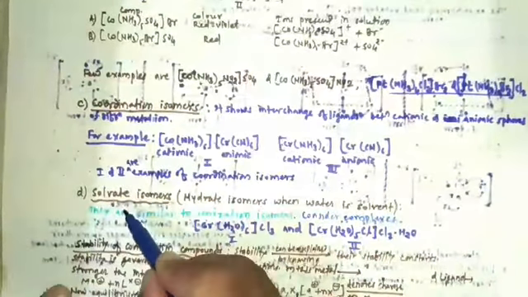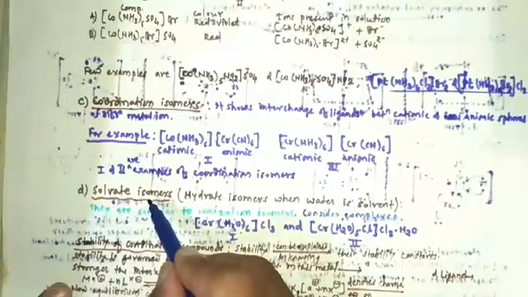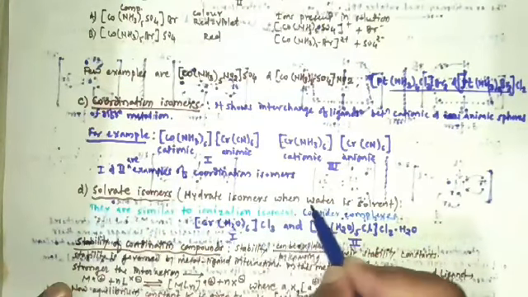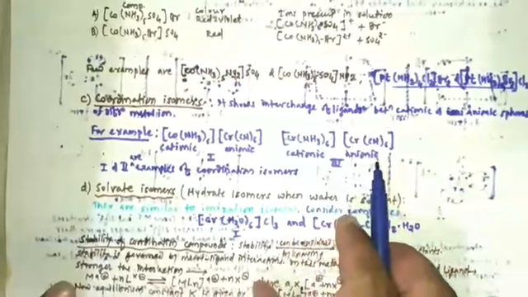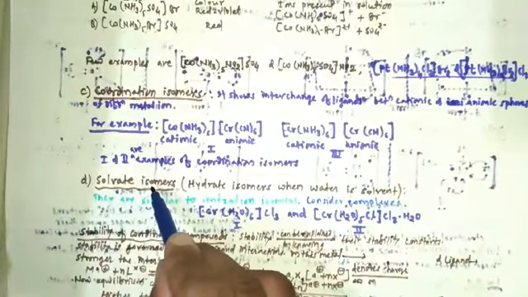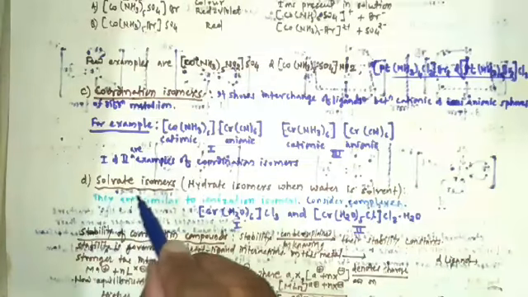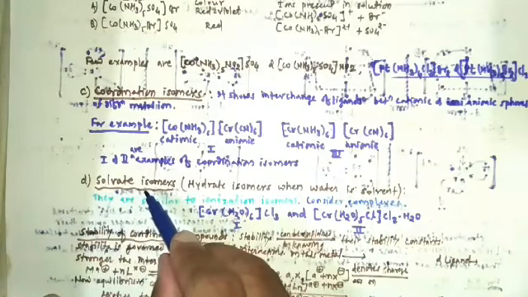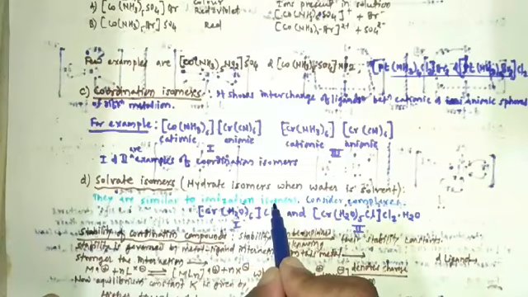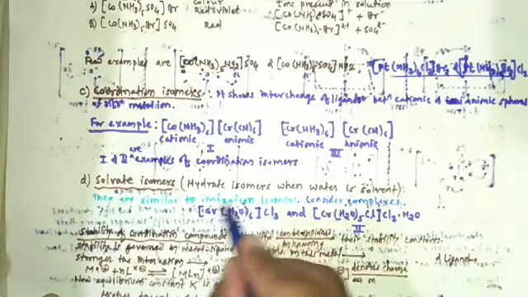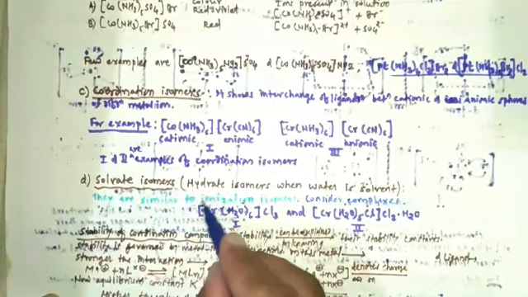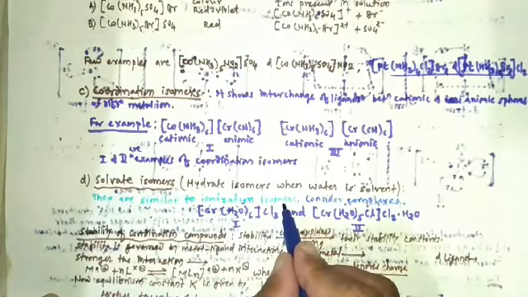Then the last type of isomer is the solvate isomer. It is also called a hydrate isomer when water is the solvent. They are similar to ionization isomers; there is a similarity between solvate isomers and ionization isomers.